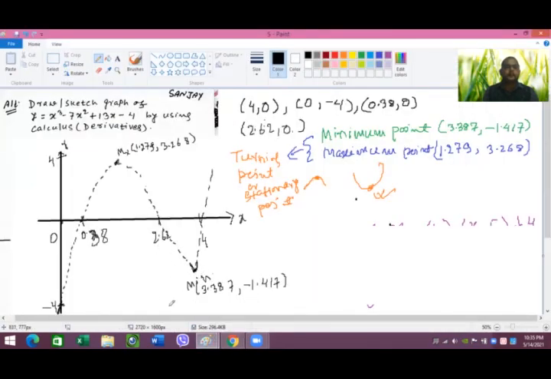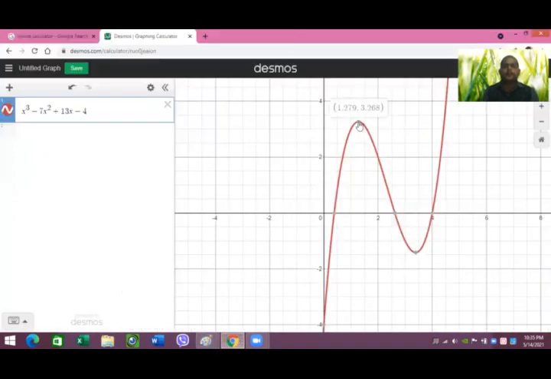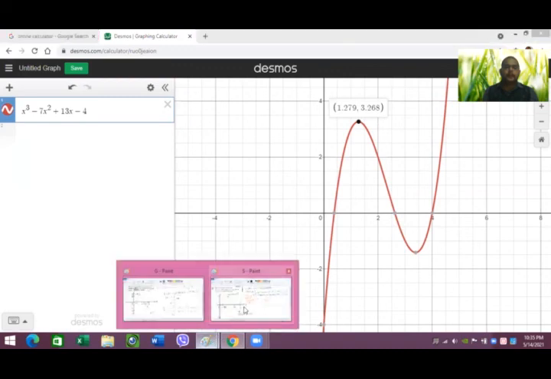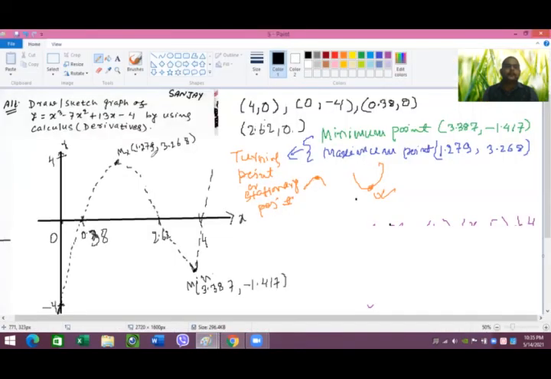So let's check this maximum and minimum point on this graph. Here you can see that the maximum point is 1.279 and the y coordinate is 3.268, and in this graph also you can see the maximum point is 1.279 and 3.268.